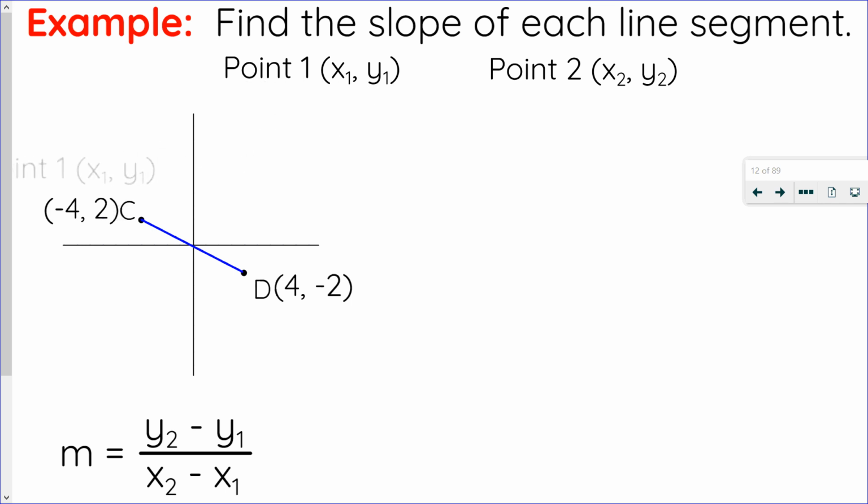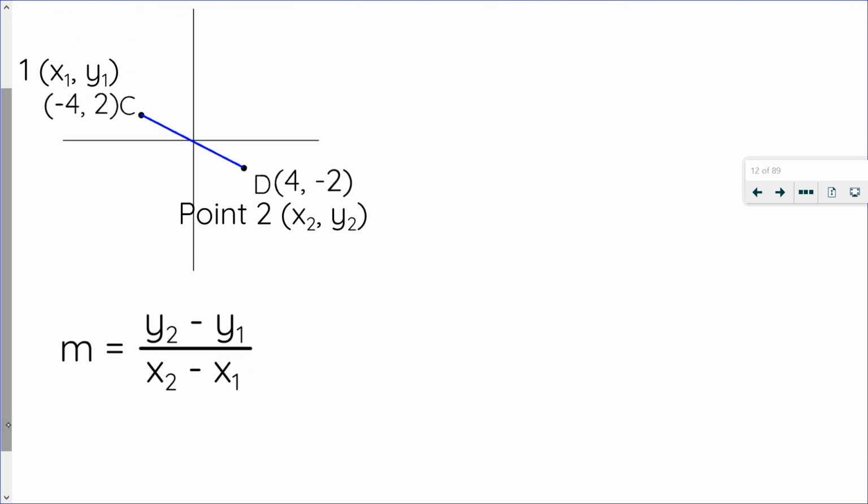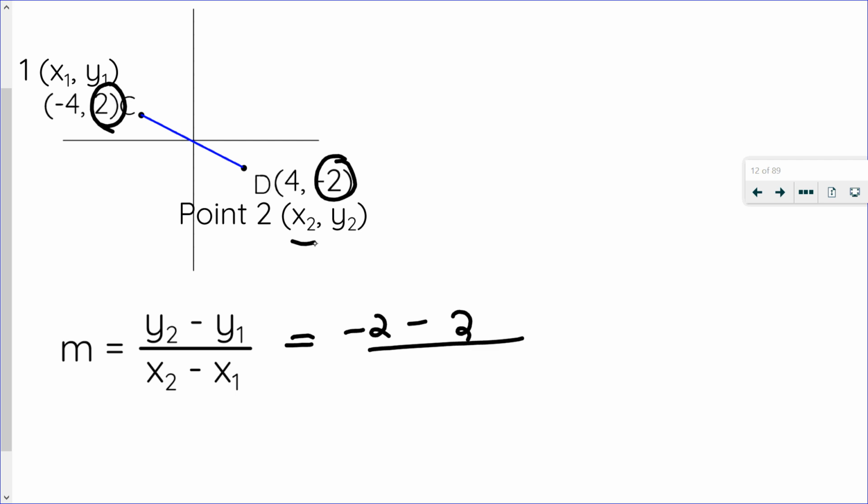So I'm going to call this one my first point. I'm going to call that one x1, y1. Let's line that up nicely. And then I'm going to call this one point 2, which is x2, y2. So slope m is equal to y2 minus y1. So y2, negative 2, minus y1, positive 2, over x2, 4, minus x1, negative 4.